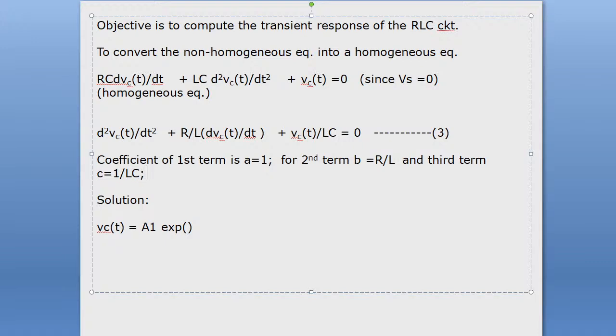You consider that d by dt equals alpha. Let me take this symbol. Suppose alpha equals d by dt, then you can write alpha square equal to d square by dt square.